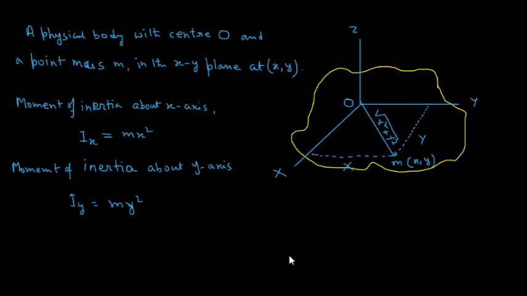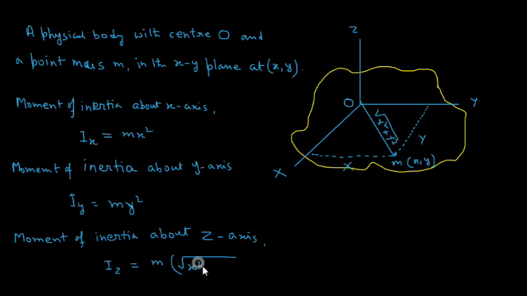So moment of inertia about z-axis will be equal to Iz, which is equal to m multiplied by under root x square plus y square, whole square.